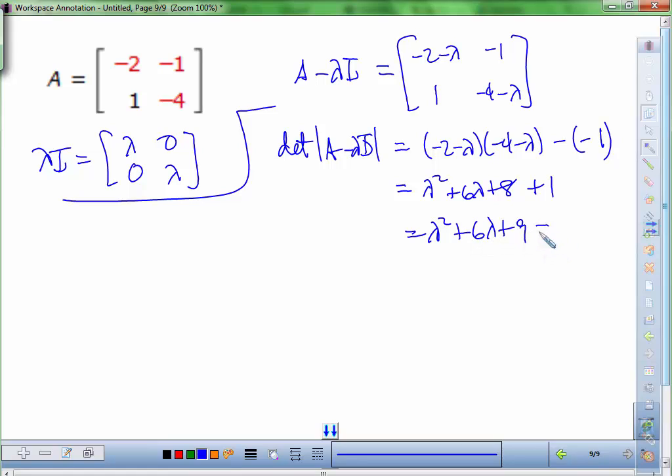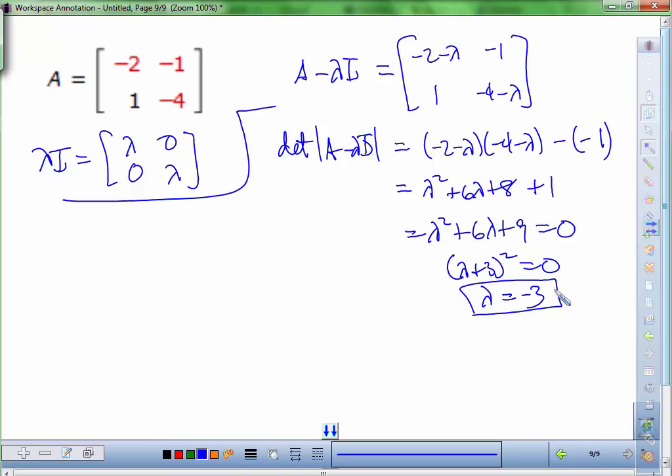So now, like I said, in most of the problems that you'll be doing, you'll get nicer numbers like this where you can factor. You can factor this, right? Is it 3? So lambda plus 3 squared. And it's important to note that this was a 2 by 2 matrix, and this was a second degree polynomial, a quadratic.